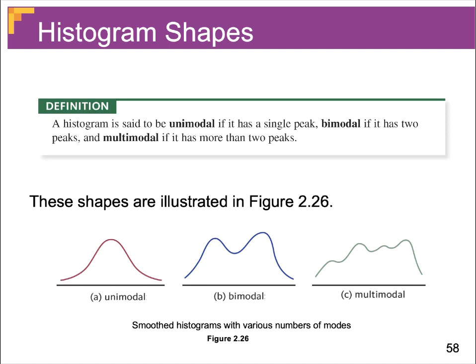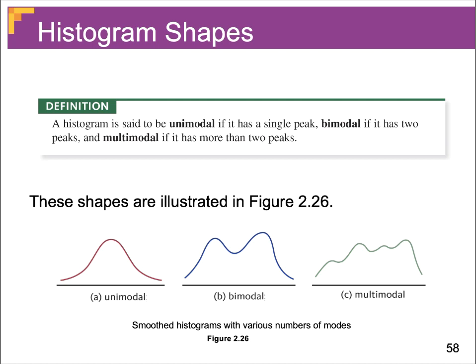So we see things like this where we could have a unimodal where it just kind of peaks there once, not necessarily in the middle, but you just see one peak. A bimodal is where you have two peaks. This is going to happen whenever your distribution has two groups in it that would have some significant difference. For example, if you were looking at the maximum weight that somebody could bench press, your females would peak in one area and your males would peak in another area.